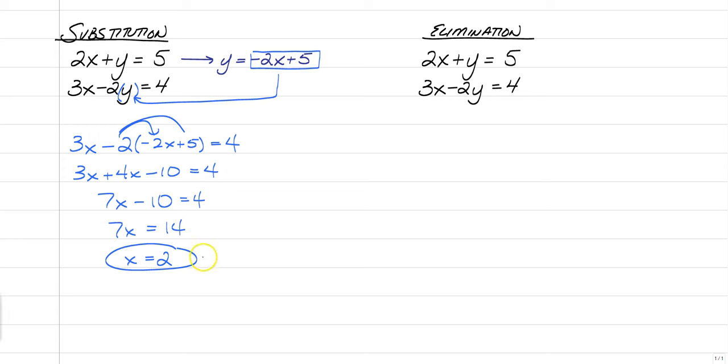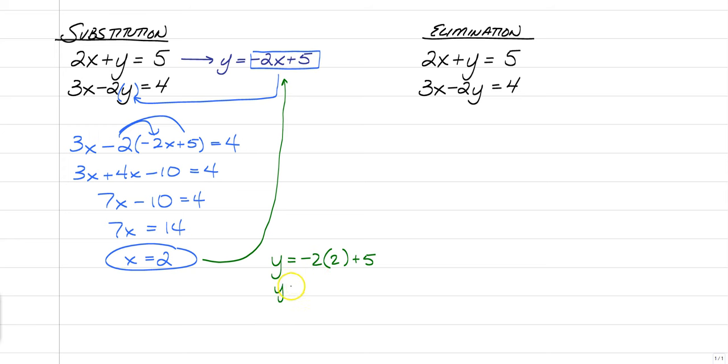Well, we know what x is. So let's just go back to that equation we found. And we're going to substitute 2 in for x. So now we have y is equal to a negative 2. And remember, whenever you're substituting in something, you should use parentheses. Instead of x, we need to substitute in a 2. And then, of course, we have plus 5.